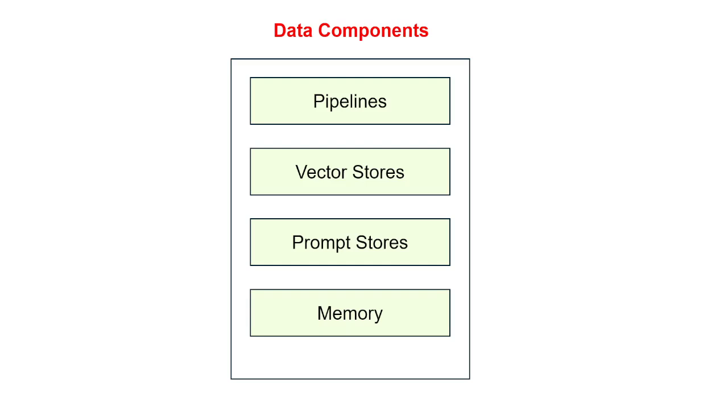Prompt stores will be storing all your prompt templates, and then all your prompts, which can be stored for reusing inside the application as well as at the runtime and also at the development time. And memory or cache is a very important component, because most of the time, if you want to restrict your token consumptions, a lot of things you can keep in cache or memory, which can be used to reduce down the running cost of your GenAI application.